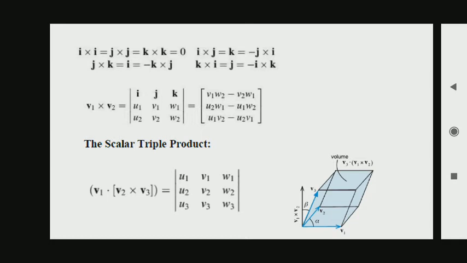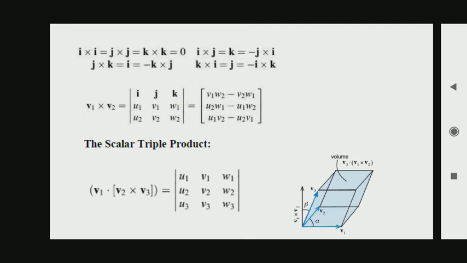Using the above relations, the cross product of two vectors in terms of their Cartesian components is given by v1 cross v2 is equal to, write it in determinant form, i j k, u1 v1 w1, u2 v2 w2. That is, for i, v1 w2 minus v2 w1.